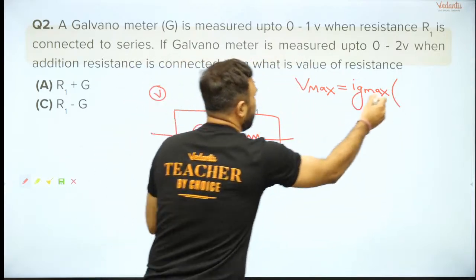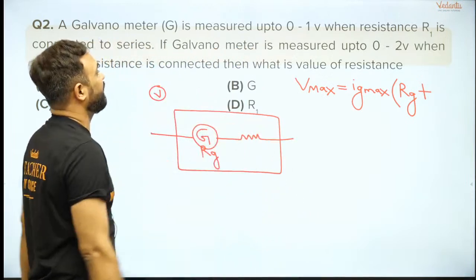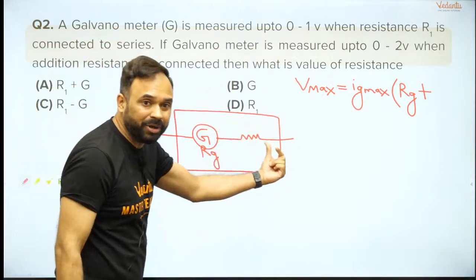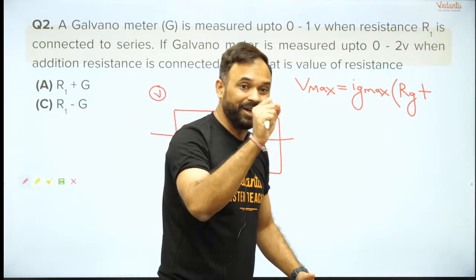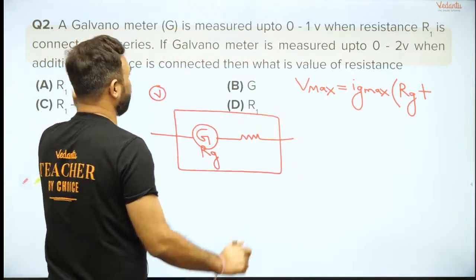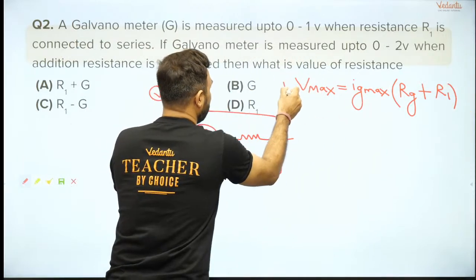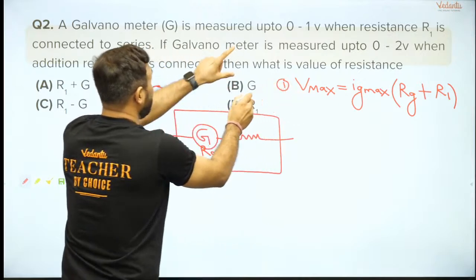If Ig max flows in this, the total potential difference across this device is the reading that this voltmeter can measure. So it is Ig max into Rg plus the resistance of the device which we connected in series with the galvanometer to make it a voltmeter.